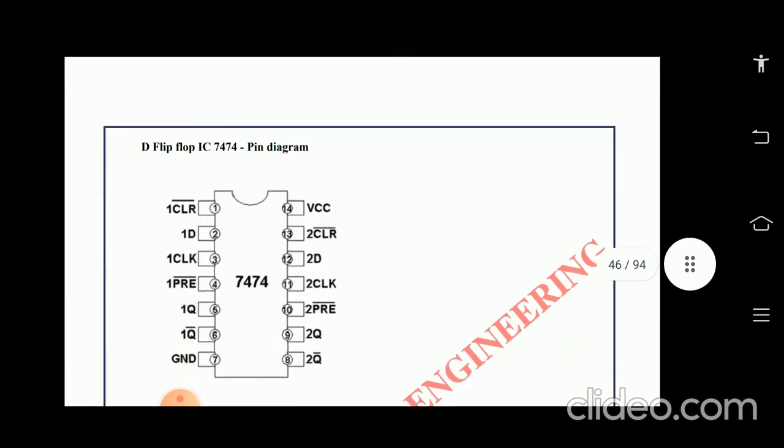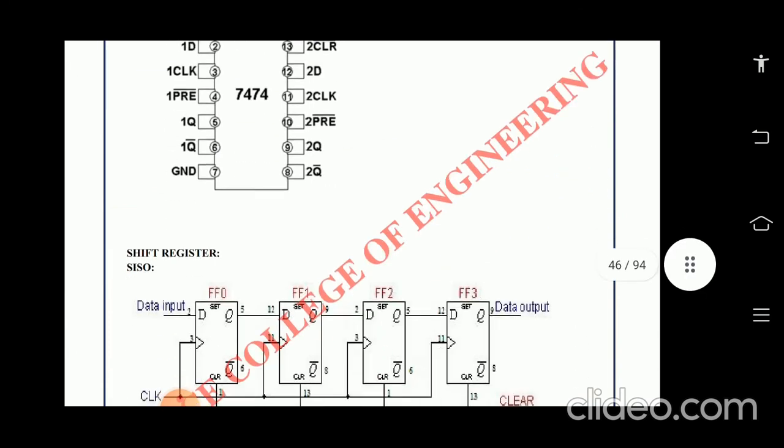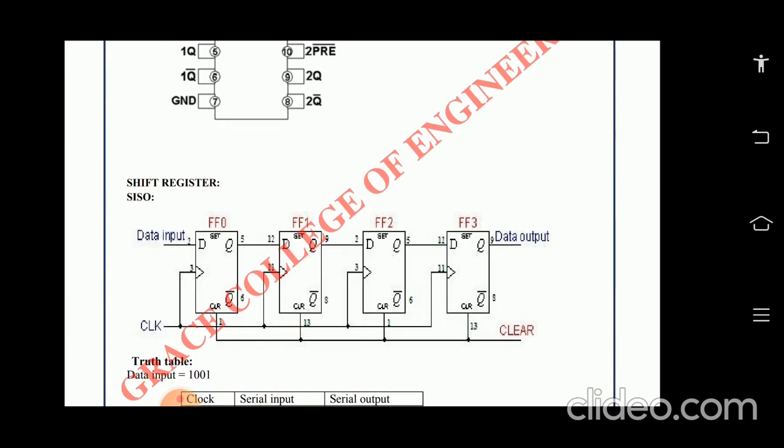Here we have the pin diagram for 7474. In our breadboard we need to connect this 7474 IC with the help of our OR gate 7432 and the connecting wires. This is the circuit diagram for serial in, serial out.